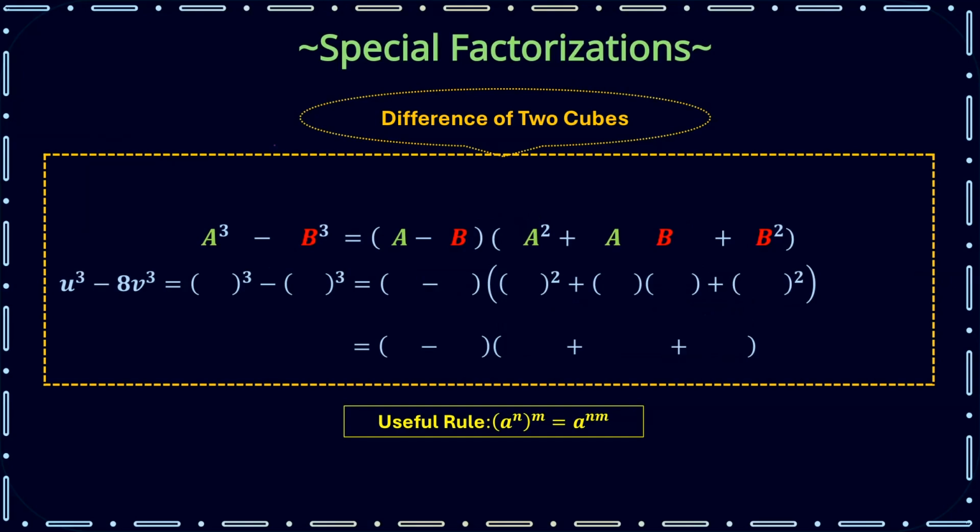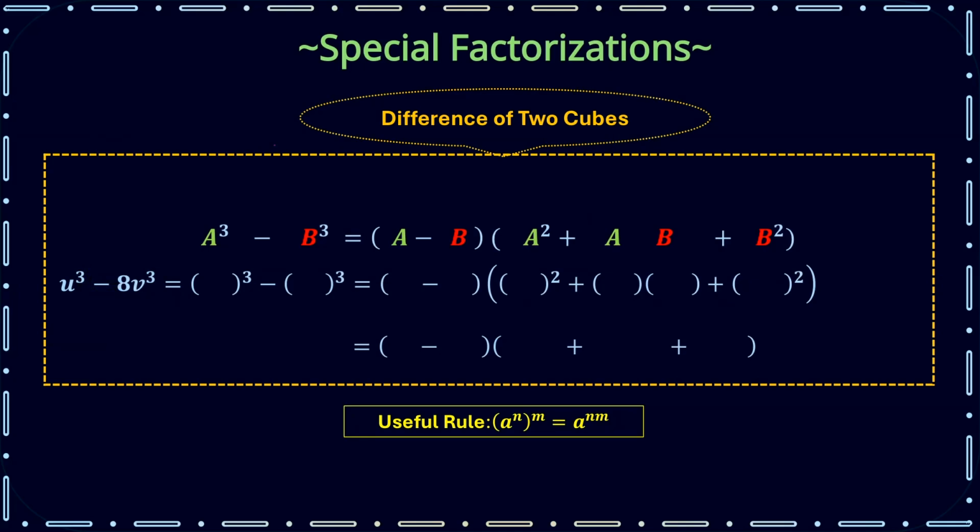Let's get the next problem. Here we have the difference of two cubes. Obviously, the exponents are 3. So just like the difference of two squares, you need to identify a and b. And then you can plug a and b into the formula.